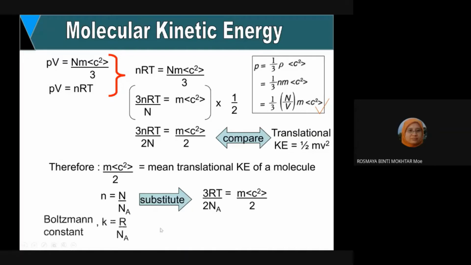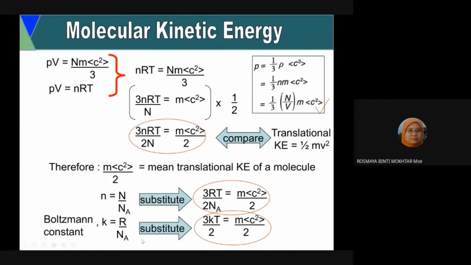So we have two equations already. We can also use the Boltzmann constant k equals R per Na, Avogadro number. We substitute this into the equation above for the R, so we can cancel out the Na, Avogadro number, and we get 3kT per 2.